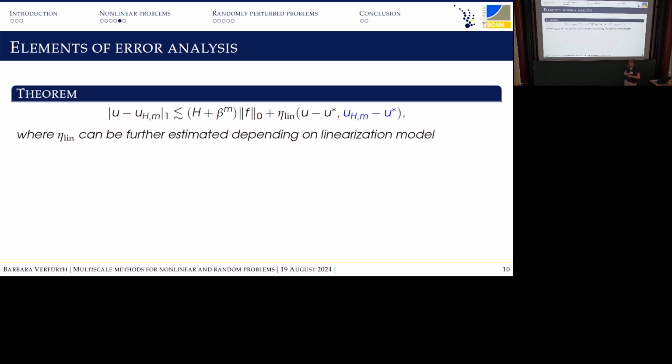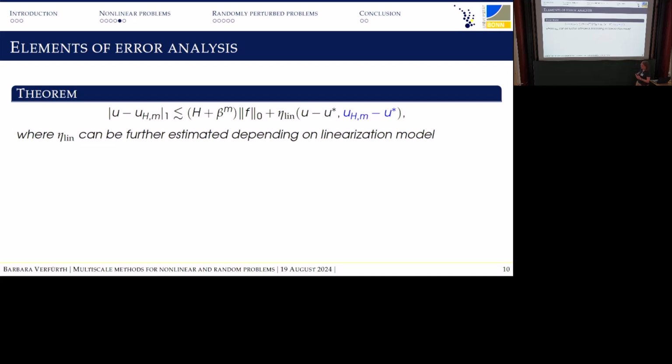But I want to present some elements of error analysis also in a sketchy way to just convey ideas. So the idea is that we can estimate the error between our reference or exact solution U and this LOD solution, which I call U_H^m here now. So H for the coarse mesh size, m for the patch size.